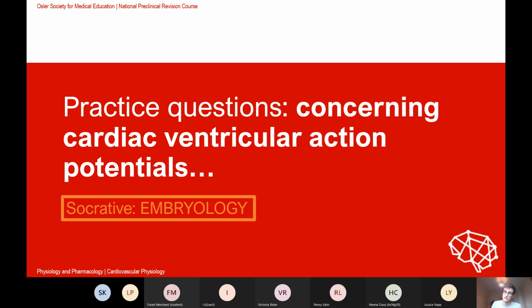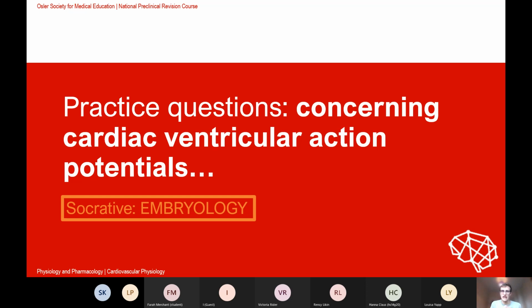So verapamil is calcium, amiodarone is potassium. And then the last question here: your voltage-gated sodium channels, what are they blocked by? Yes, tetrodotoxin, that old favourite they mentioned in the lectures about pufferfish poison.